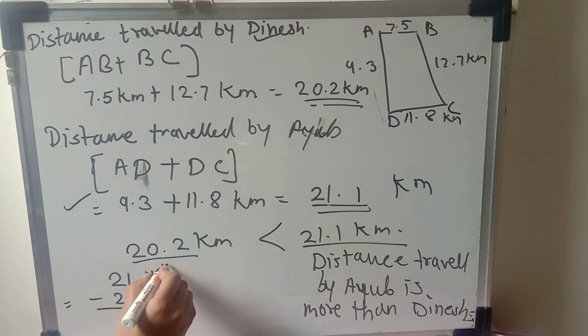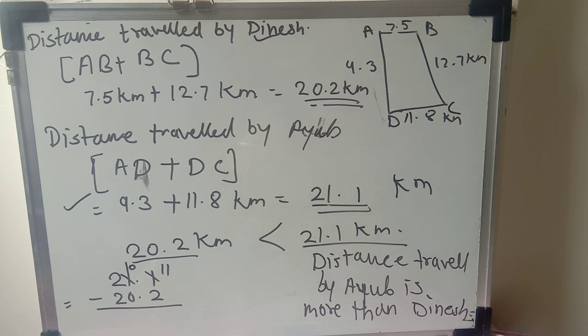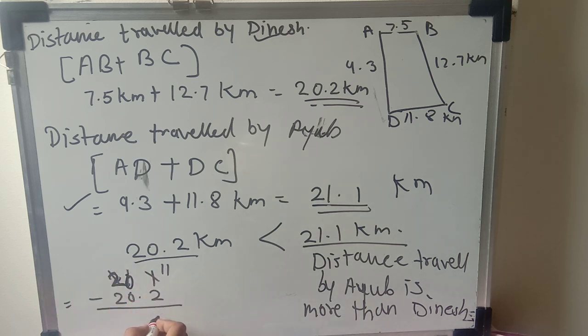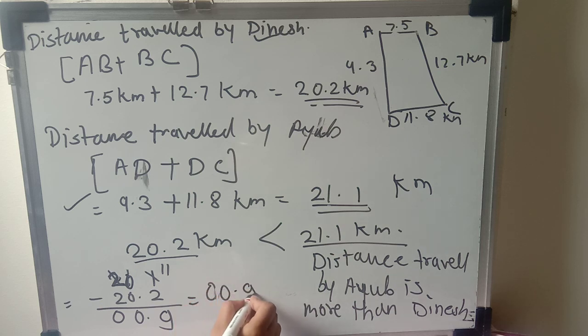Here it's 11 minus 2 is equal to 9, and here we get 0, 0. So our answer will be 0.9 kilometer. Okay, 0.9 kilometer traveled more.